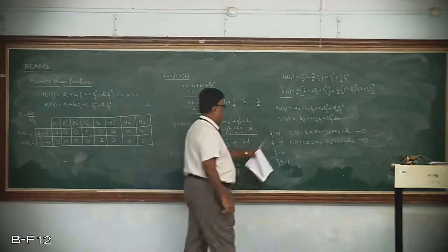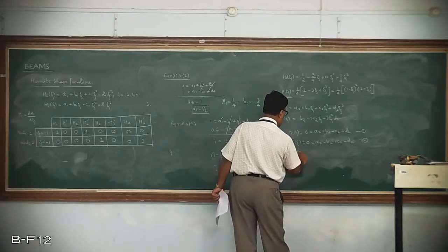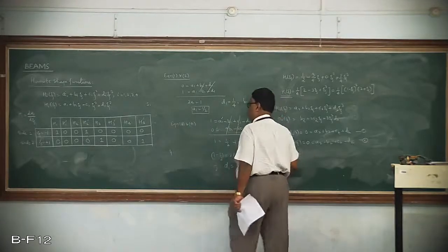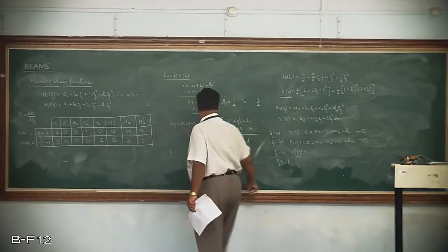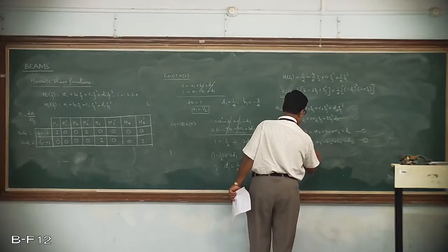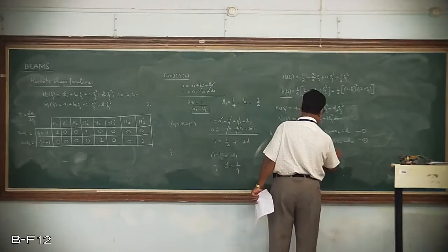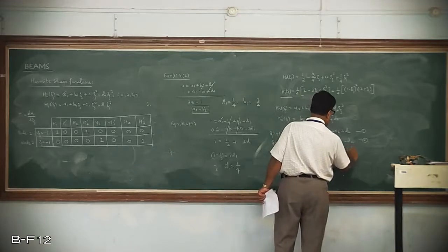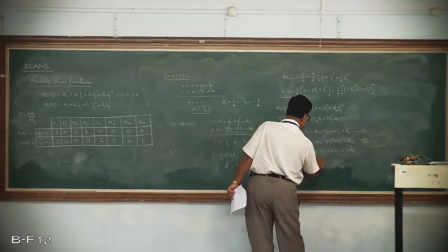Here next comes h2 dash at zeta equal to 1. See here h2 dash at zeta equal to plus 1, it is again 0. So 0 is equal to b2 plus 2c2 plus 3d2. Whereas h2 dash at zeta equal to minus 1, it is 1.